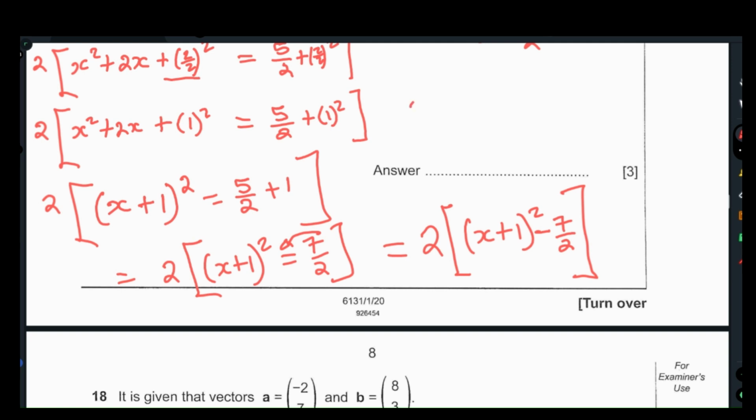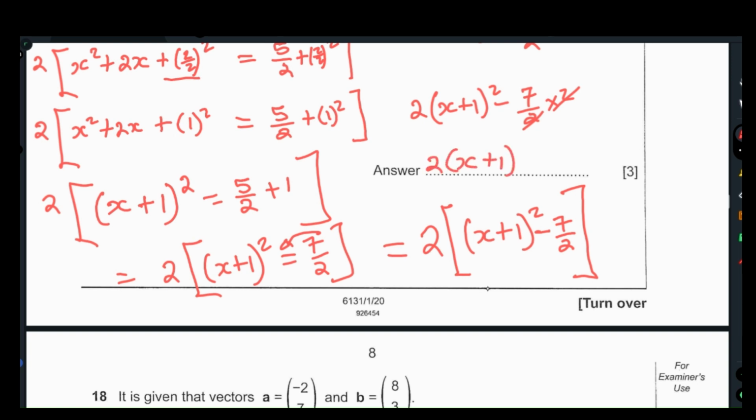If we multiply through by 2, we'll have 2 multiplied by x plus 1 squared minus 7 over 2 times 2. This 2 and that 2 will cancel out.